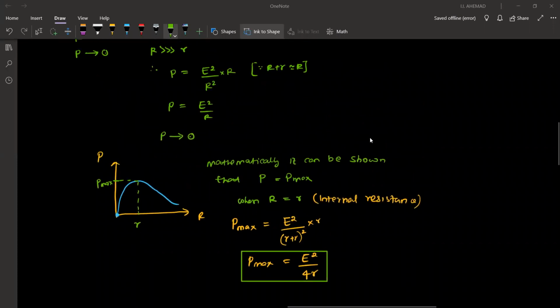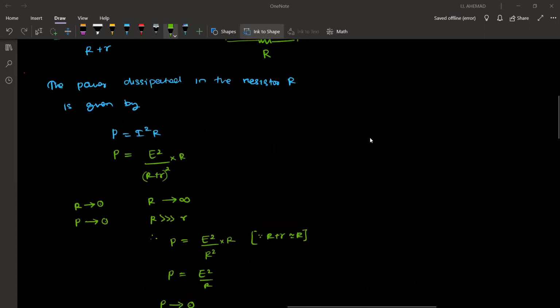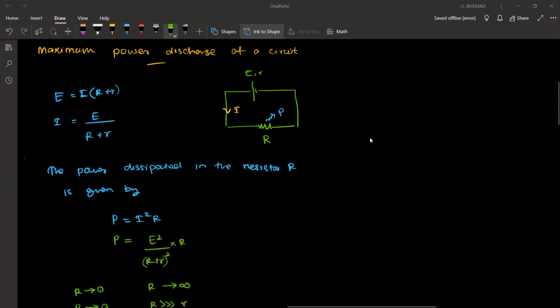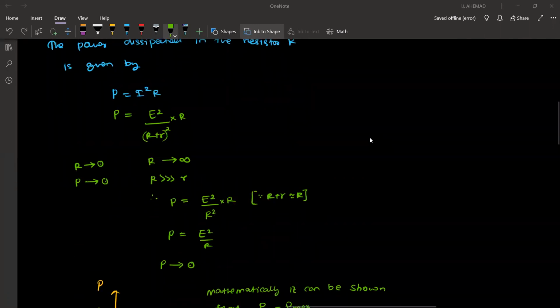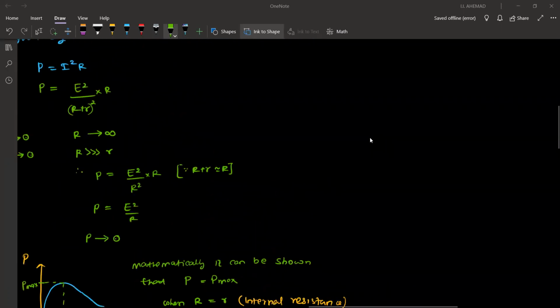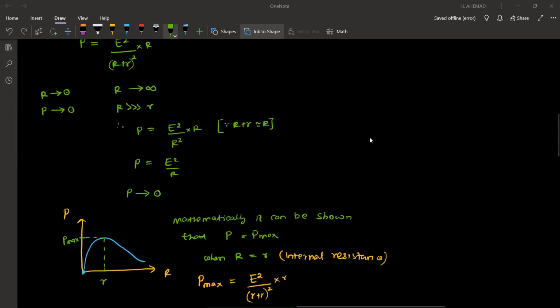So, is the idea clear? Here what we have done is we are trying to find the maximum power dissipated in a circuit. We got the equation, and from this equation we checked that when R is equal to 0, the power dissipated is 0. Next, we see when R goes to infinity.